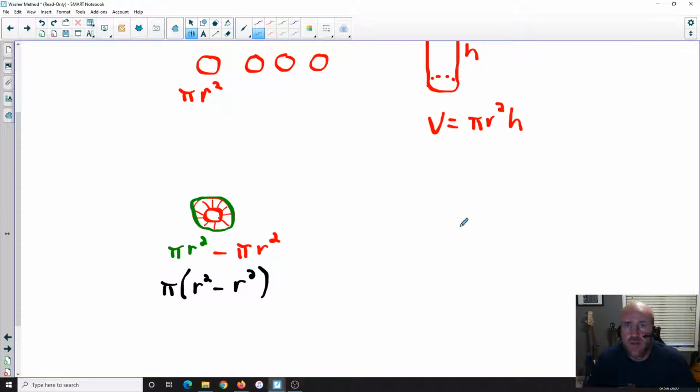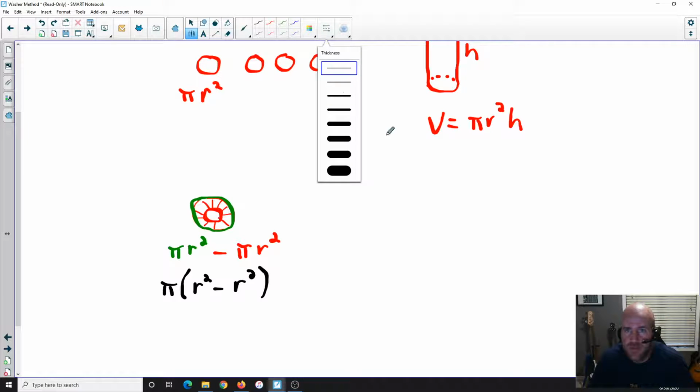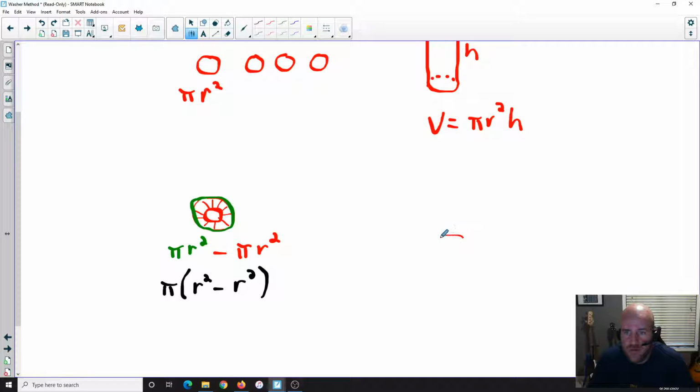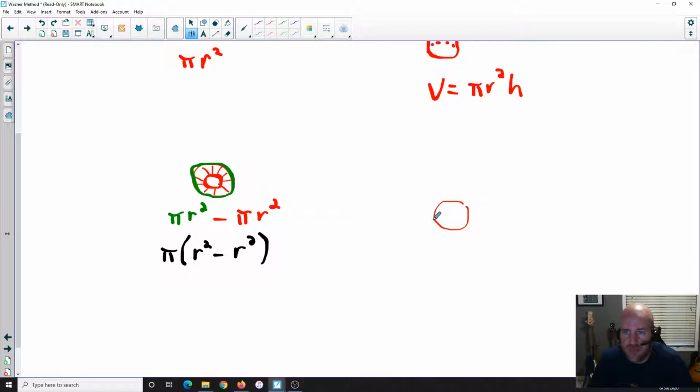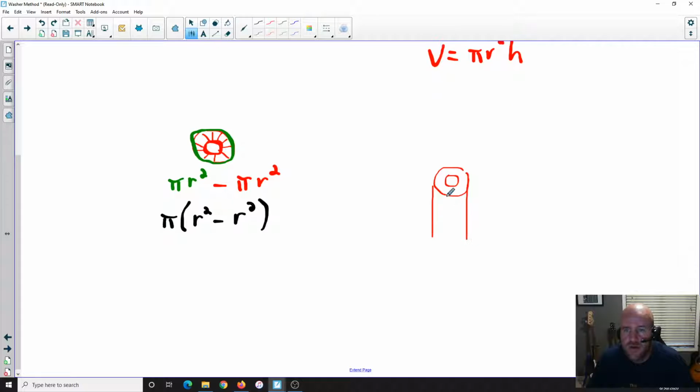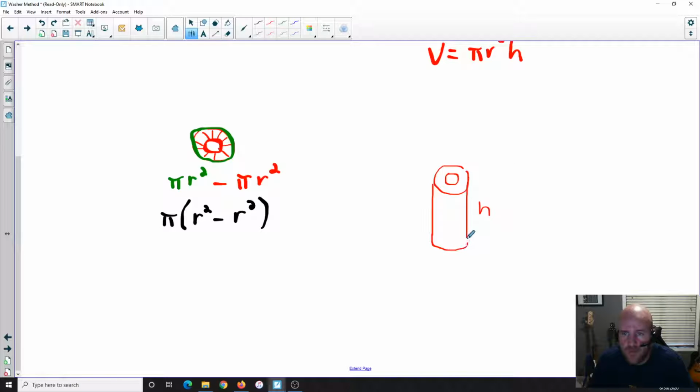Okay? And then we think about a cylinder. What if I made a cylinder with a washer? So here's a washer. Actually, we'll make that the top. So there's a washer. Okay? And if I stacked a bunch of the same washer on top of each other at a certain height, we would have this again.